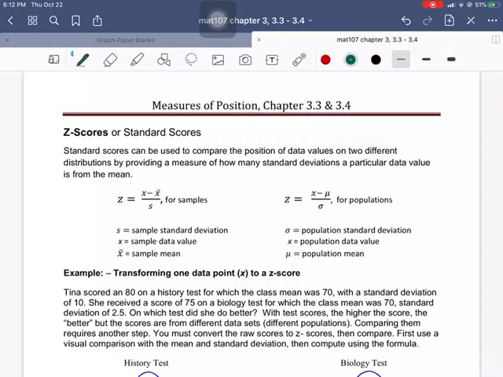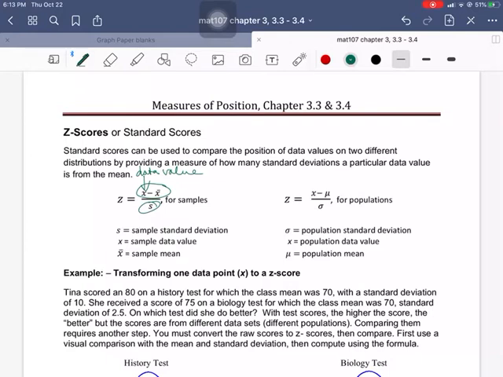So a z-score can be calculated by using the deviation, right? Take the one x data value and subtract the mean from it. If it's a sample, subtract the sample mean, x bar, and that gets you the deviation, then divide by the standard deviation to get a z-score.